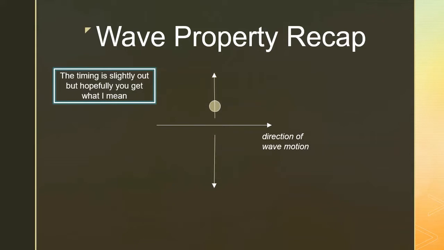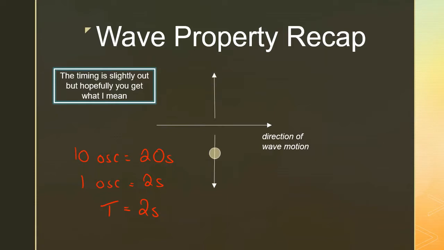Now, we're going to do 10 oscillations in 20 seconds. One oscillation is going to be equal to 2 seconds, and therefore our period T is 2 seconds. Let's go back to the frequency.